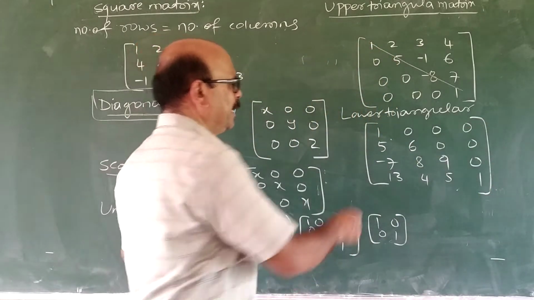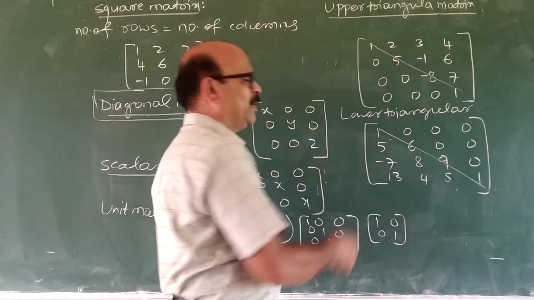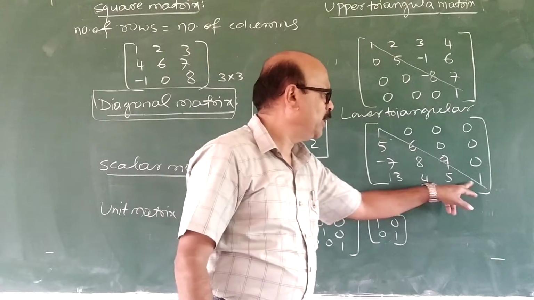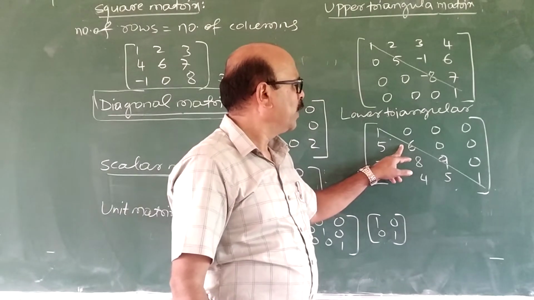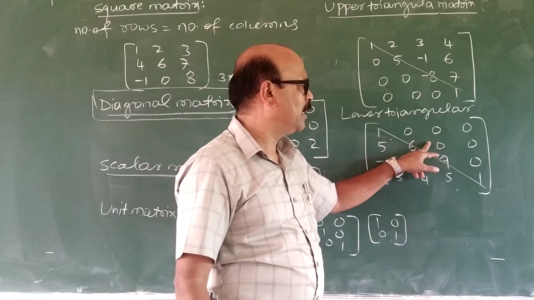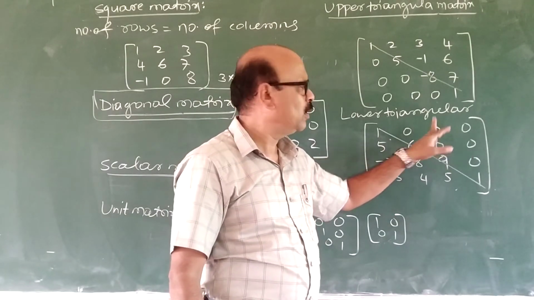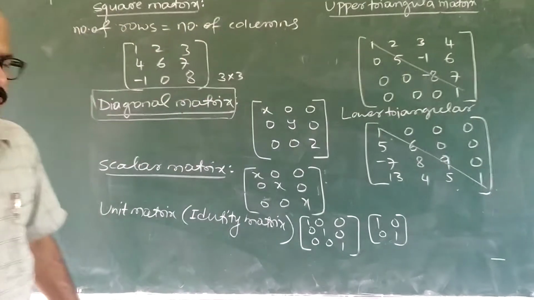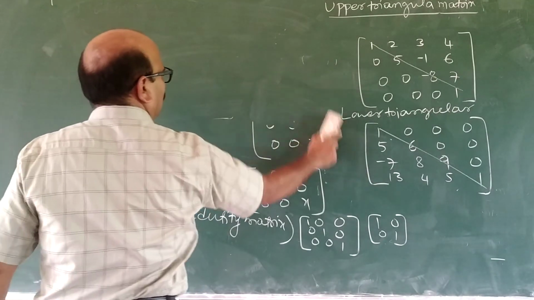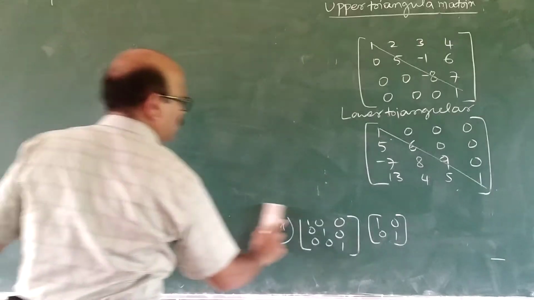See here, it is the principal diagonal. I have taken a 4 by 4 matrix. Any square matrix is said to be lower triangular if all the elements above the principal diagonal are zeros. These are the types: upper triangular, lower triangular, and so on.